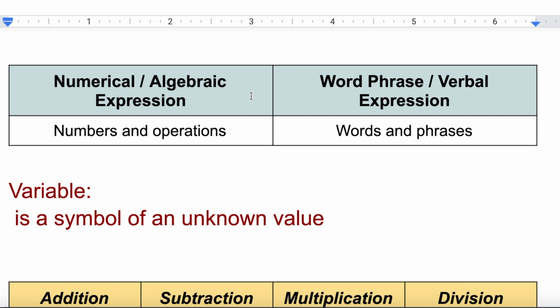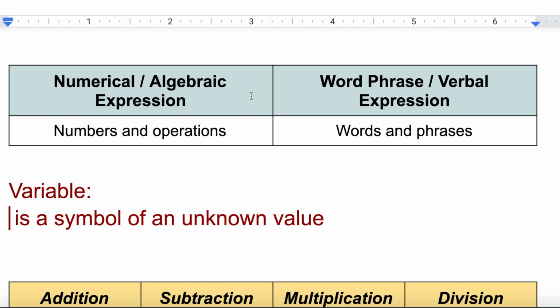Hello everyone. Today I'm going to talk about numerical expressions or algebraic expressions and word phrases or verbal expressions. So I will compare between them and convert from verbal expressions to algebraic expressions and the opposite way.